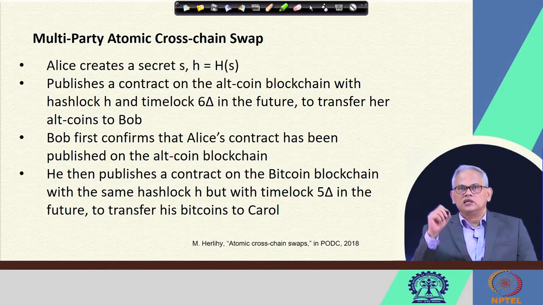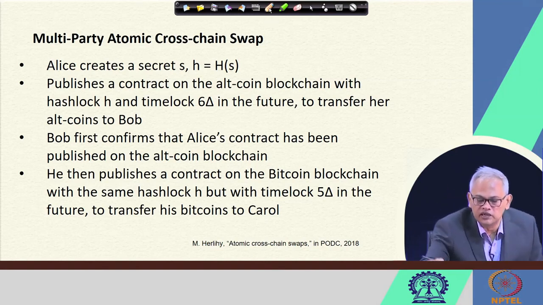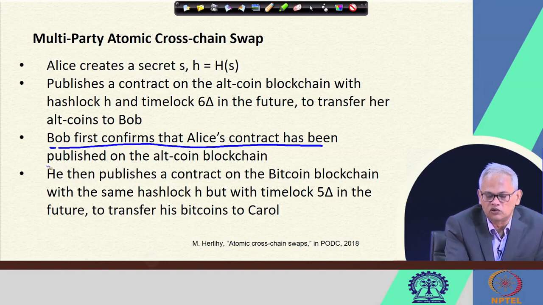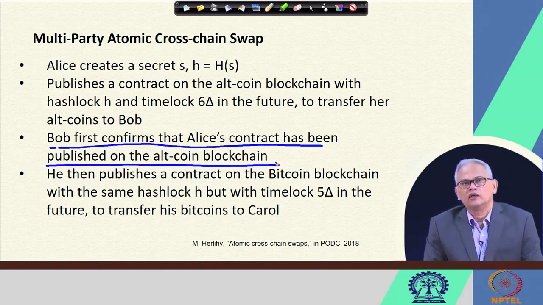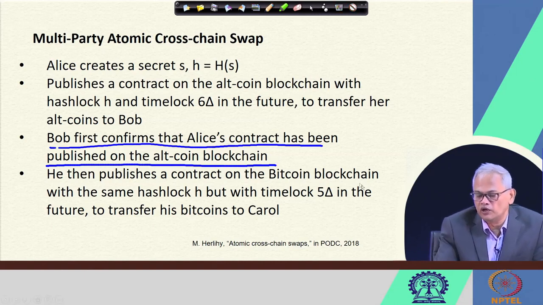Once Alice has published this contract, this is important, Bob would first confirm that Alice's contract has been published on this blockchain, and only then will he publish a contract on the Bitcoin blockchain.